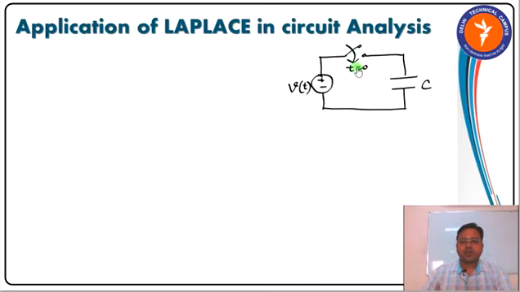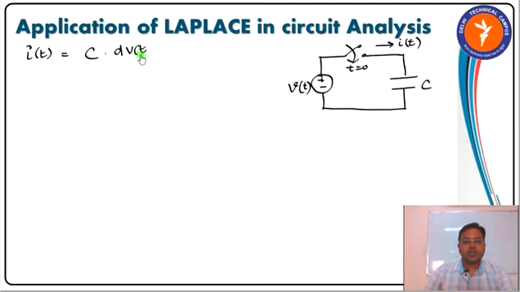After the switch is closed, the circuit will get completed and a current will start flowing. Say the current is It. The relation between these voltage, current and capacitance is It equal to C times dVt by dt. This is the equation relating all three parameters in the time domain.